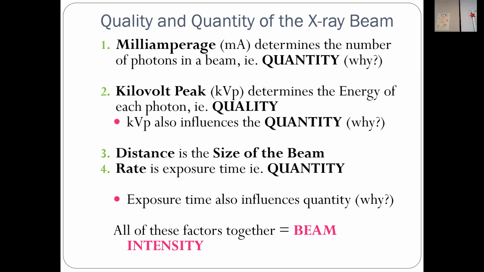Now, this is just something for you to remember what controls what. The kVp affects the quality predominantly. We already said that it also controls the quantity, but that's kind of a byproduct of it. The main thing is increased kVp is a better quality X-ray.